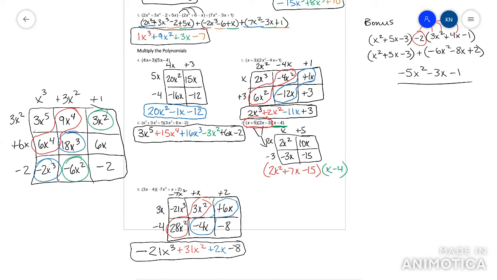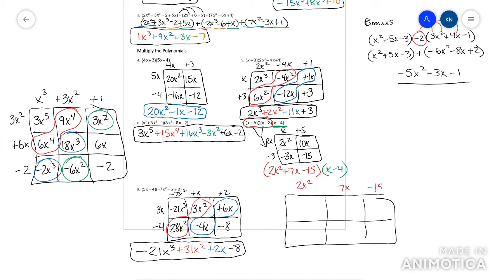So this is a 2 by 3. I'll try to color code it. 2x squared, 7x minus 15. And then this one was x minus 4. All right, fill in your box.